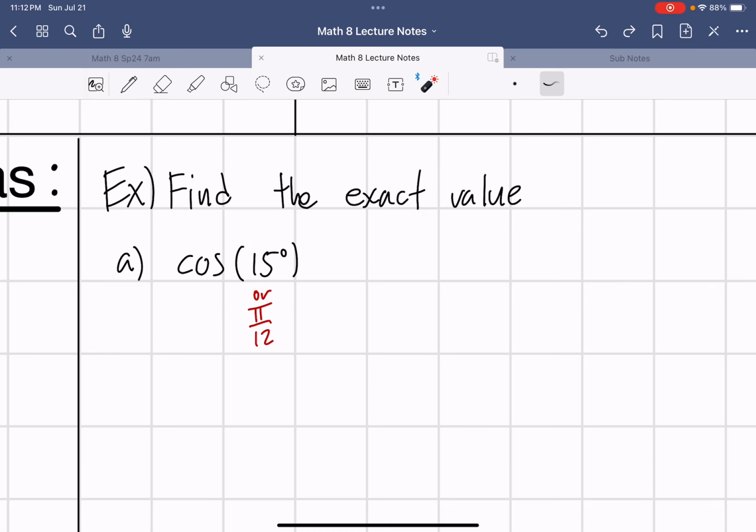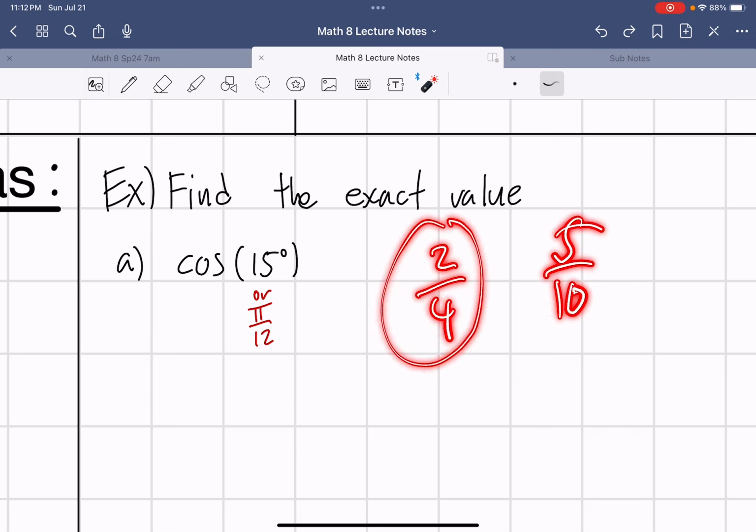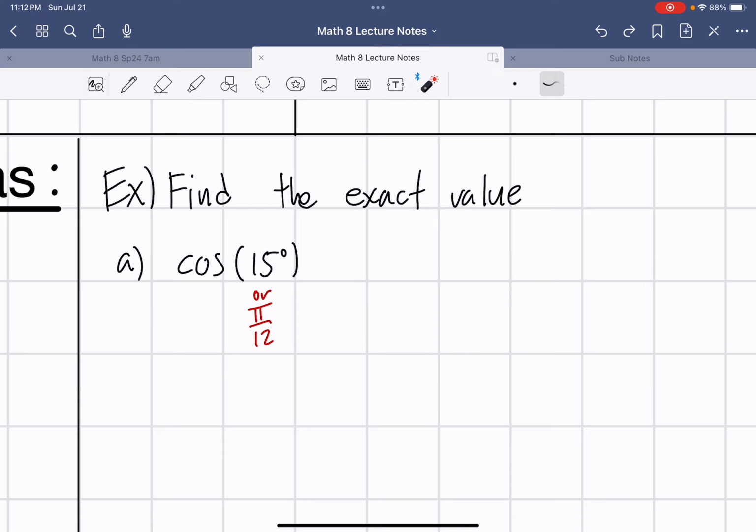So when you do your manipulation, you shouldn't be changing the value. You should be altering it to look different, but not changing its overall value, right? Like, for example, 1/2, I can write as 2 over 4, 5 over 10.